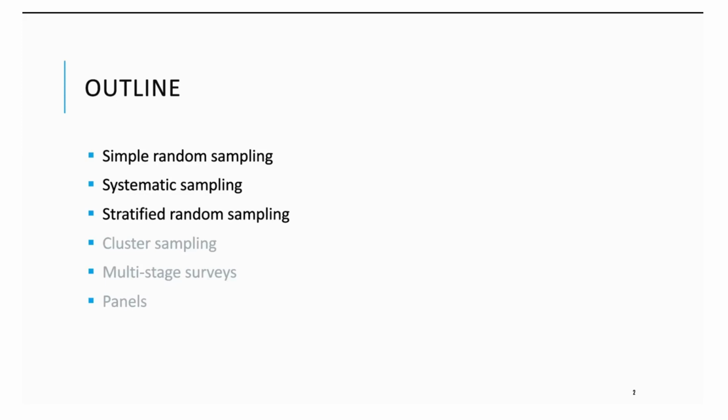And when that probability is equal across all the units in the sample, we have what we call simple random sampling, which essentially is that you need to enumerate all the units in your target population and randomly select the number of units that you need, such that all the units have equal probability of selection. Despite its simplicity, it's very easy to analyze.